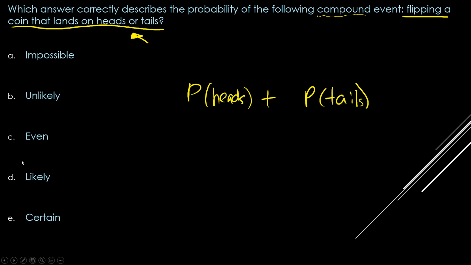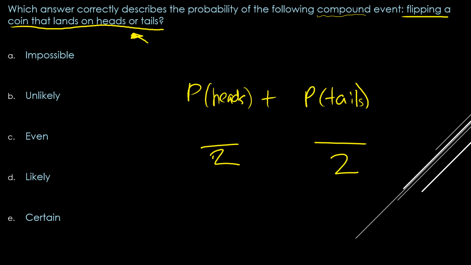So if I were to think, well, if I'm flipping a coin here, I would have 2 options, right? I could land on heads or tails. So I would want to have 2 in my denominator for both of these. And the different outcomes, I could land on heads or I could land on tails.